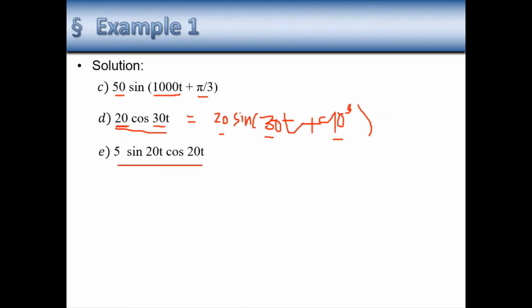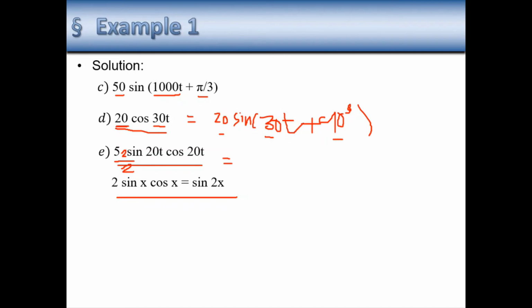Now in this last example, this doesn't look like a sinusoid, but take note that we have a relation in trigo like this, no? That twice of the sine and cosine is really equal to the sine of 2 times the argument. So in that case, if for example I put a 2 here, and I also divide it by 2, nothing has changed.